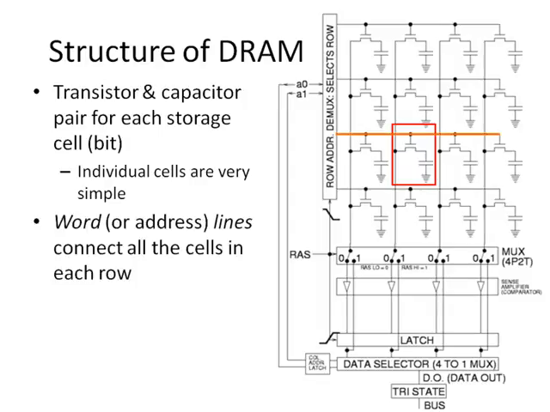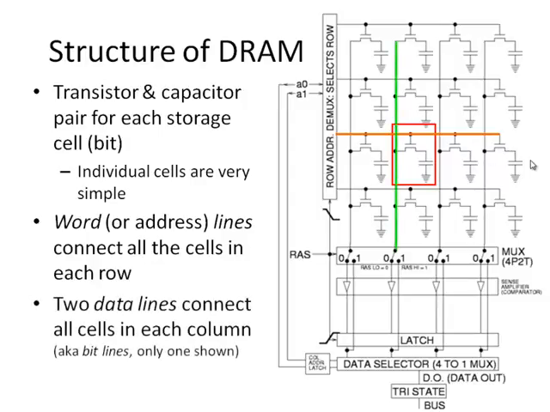We have a row of these components connected together along a word or address line. That will connect all the cells in each row. And there's only one shown here in green, but there are two data lines connecting all the cells in each column.